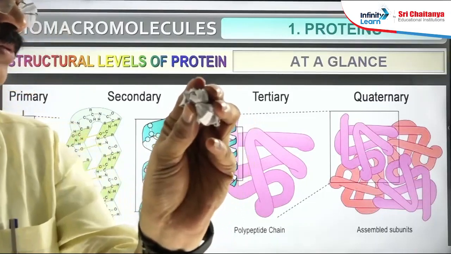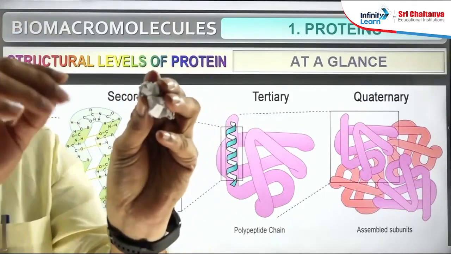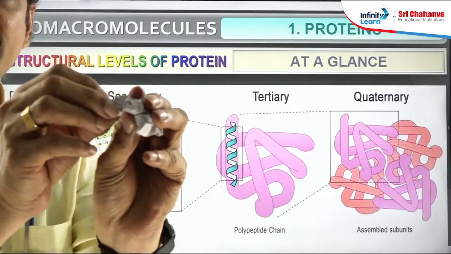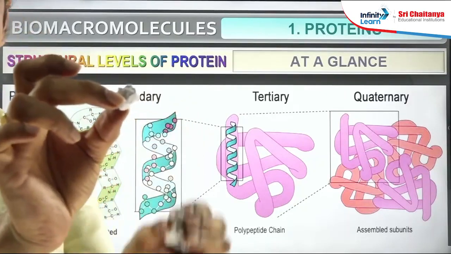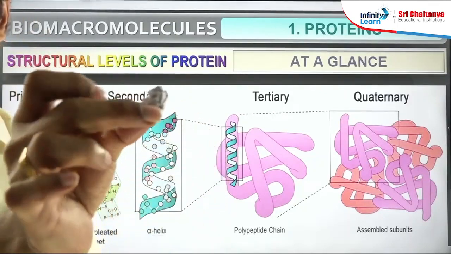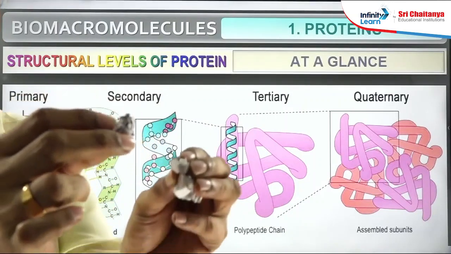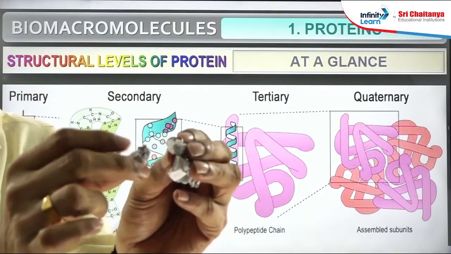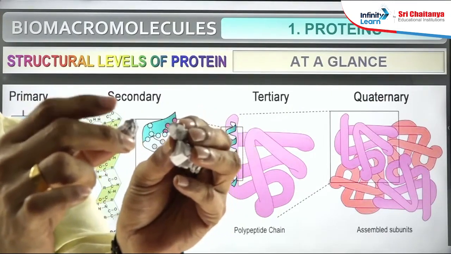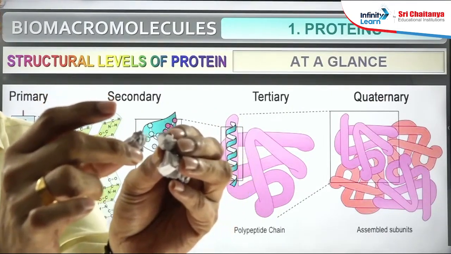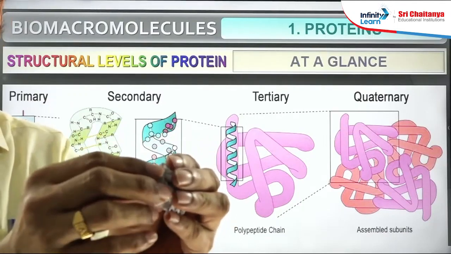Yes, good, hemoglobin. What is the name of each and every unit of this hemoglobin? 4 units are there. The name of each unit is heme. 4 heme units are attached to iron. So iron is essential for joining these 4 heme groups to form hemoglobin.